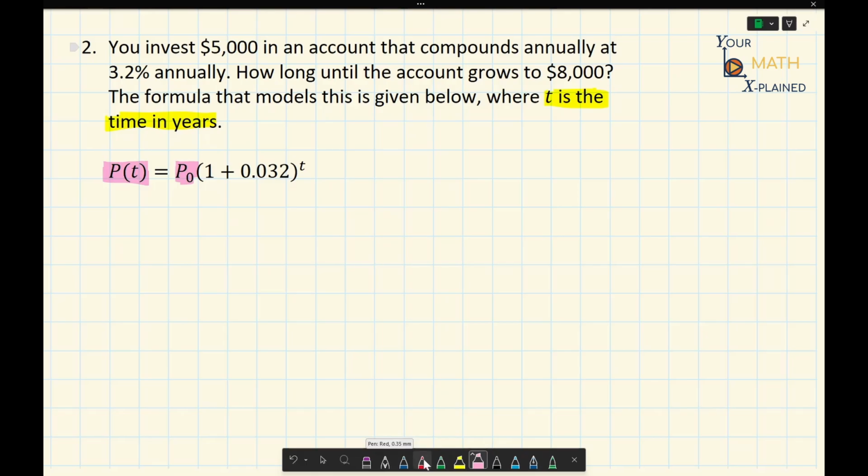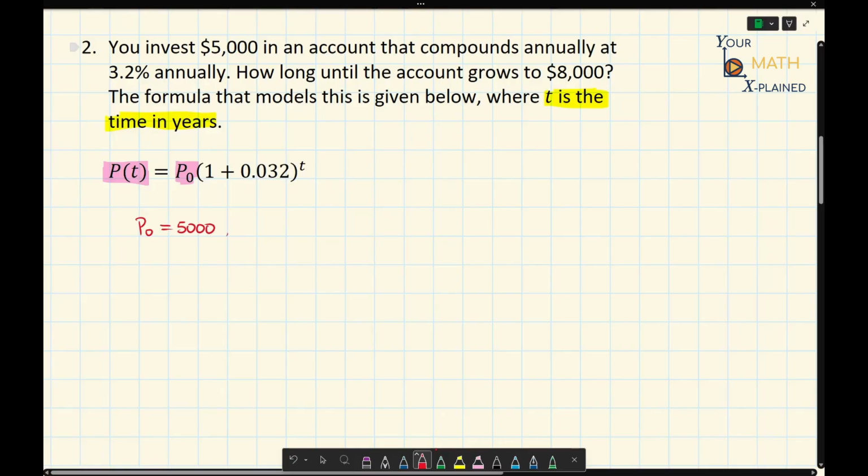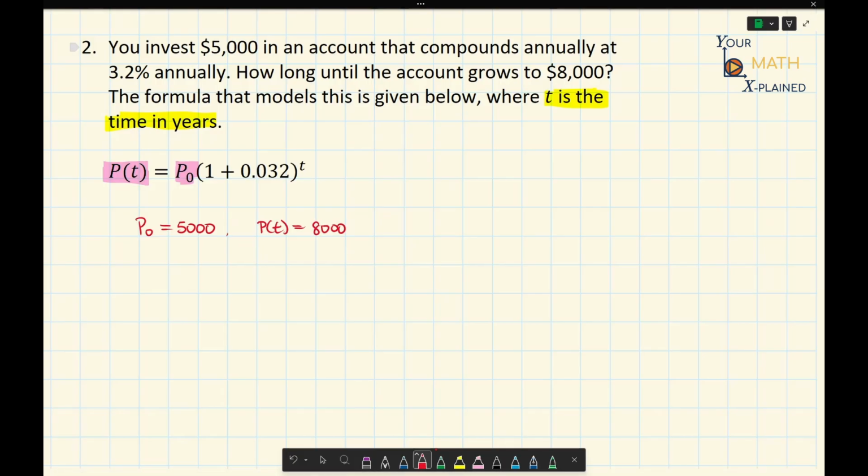So just like the previous question, we're going to write down what we know. So we know that P0 is the amount of money that we started with, which is equal to 5,000. And we also know that P of t is equal to 8,000. But what we don't know is t, because we're trying to figure out how long is it going to take for the money in the account to grow to $8,000?